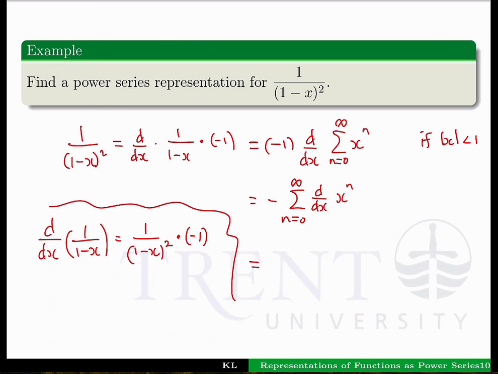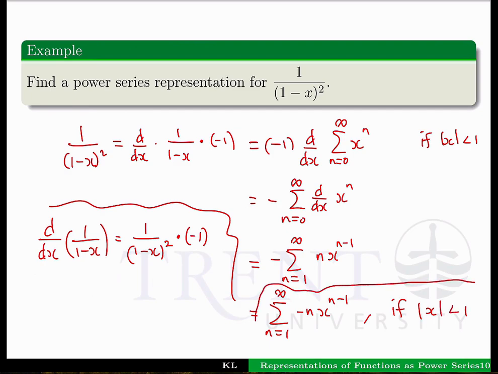But this one now becomes negative sum n from 1 to plus infinity of n x to the n minus 1. Or simply, we have the sum n from 1 to plus infinity of negative n x to the n minus 1. So again, if absolute value of x is less than 1. Okay?